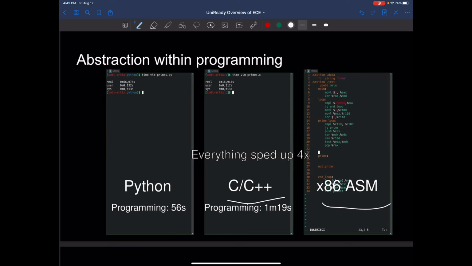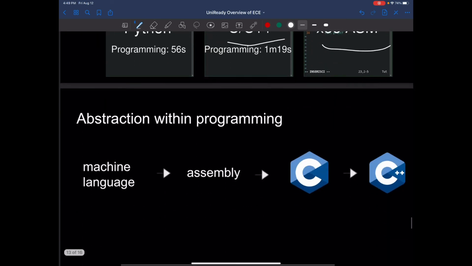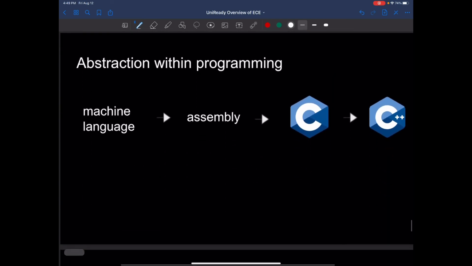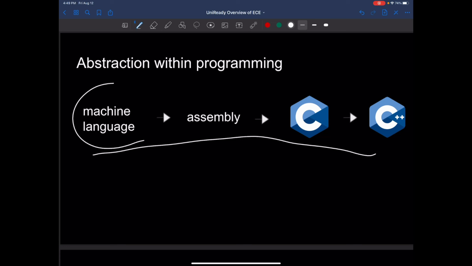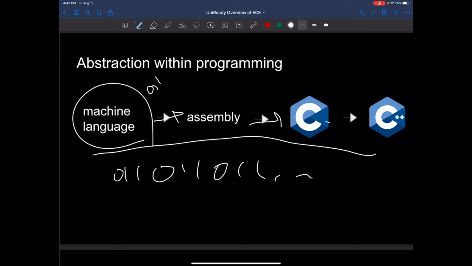Or machine code, which is just zeros and ones. And yeah, this is exactly what I just said. Machine language literally looks like zero, one, one, zero, one, etc. And you have assembly, then C, then C++, then so on.